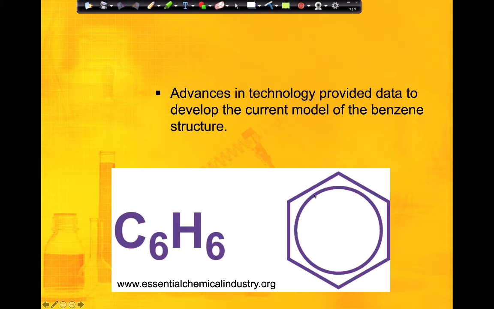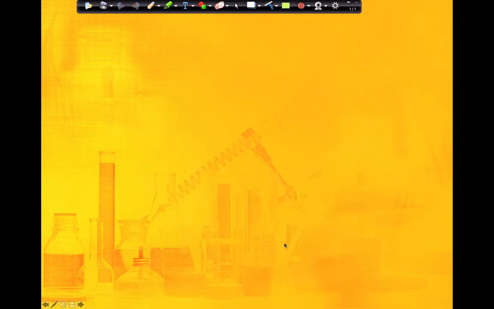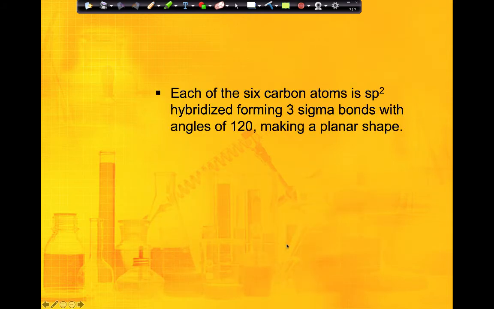In this model right here, and please never ever draw this structure on a test, okay? When we look at this model, it's showing us that the electrons are delocalized. So the electrons go in between these different bonds, and that actually creates more bond strength. It makes a more stable compound. It makes it much harder to break that pi bond.